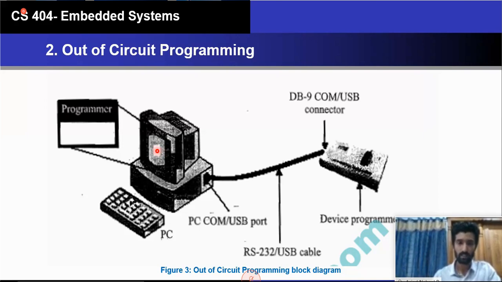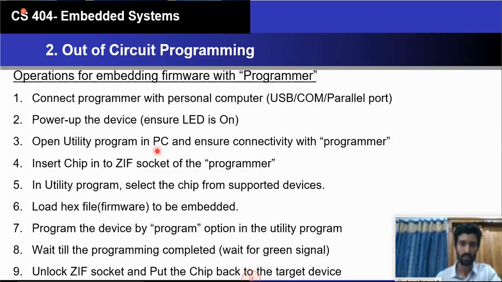Now let us see the steps involved in the out of circuit programming approach. In the very first step, we will take a special device, a programmer, and connect it with the personal computer using USB or a COM port. Then second step, we will power the programmer device to ensure that the device is in working condition.